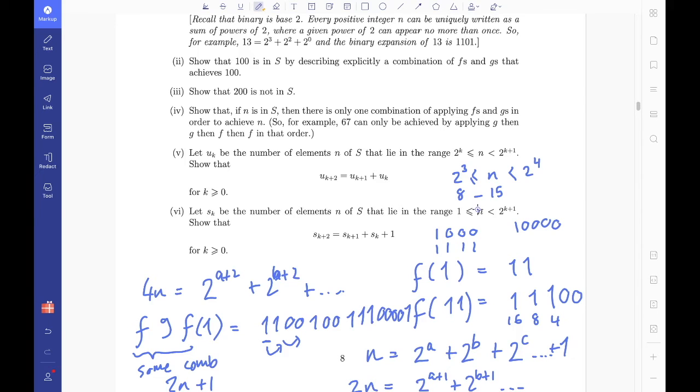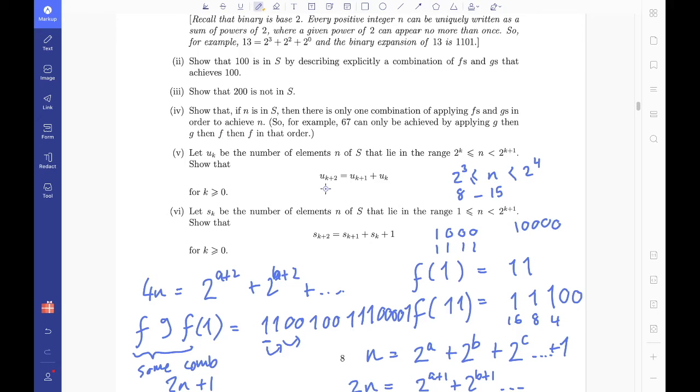So if you have any element in UK and you apply f to it, you get an element in UK plus 1. And also if you have any element in UK and you apply g to it, you get an element in UK plus 2. And as we said, there's only one unique way to get to any n in S, so that makes perfect sense.